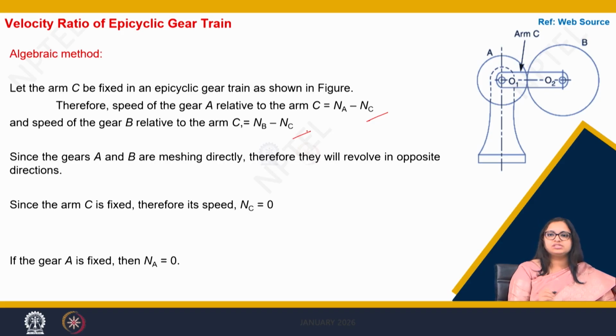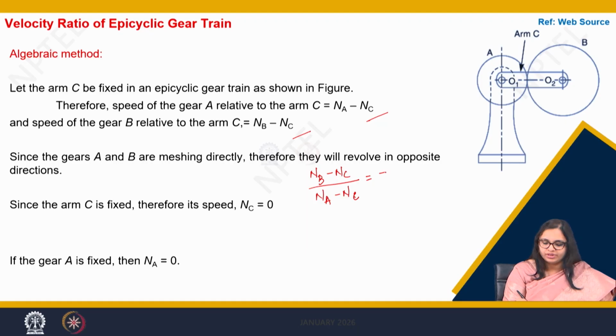Since gear A and gear B are directly meshed with each other and revolve in opposite directions, my equation of speed ratio, NB minus NC by NA minus NC, will be equal to minus TA by TB.